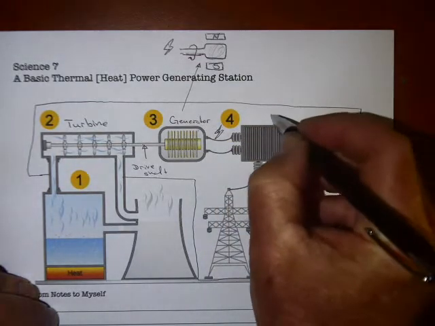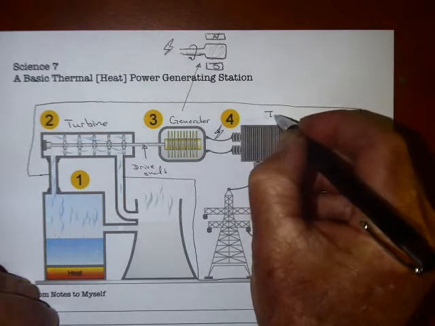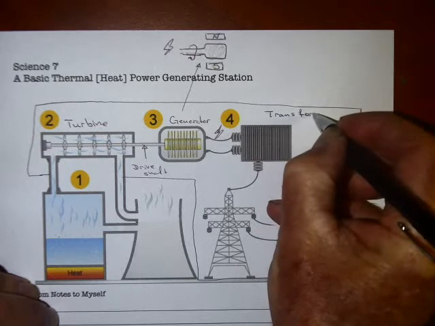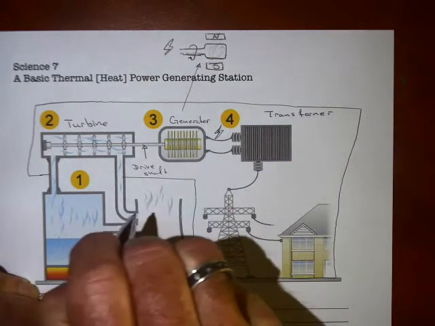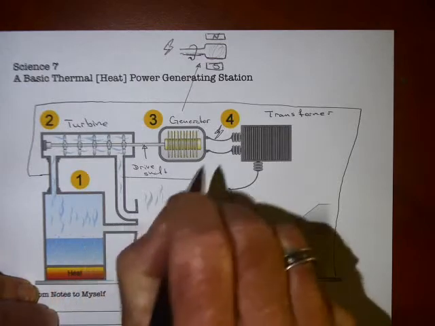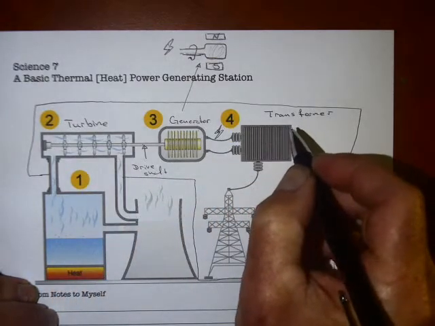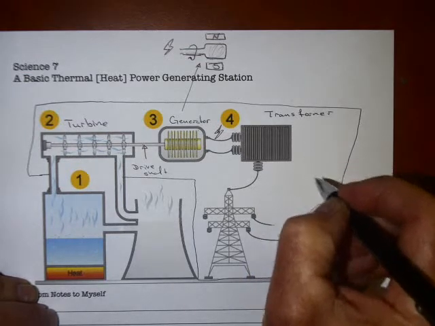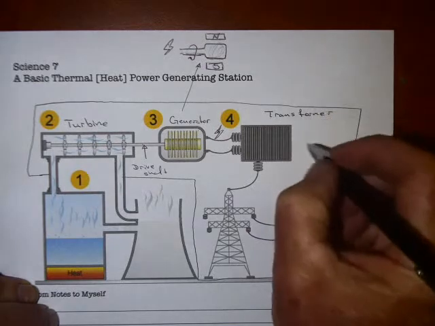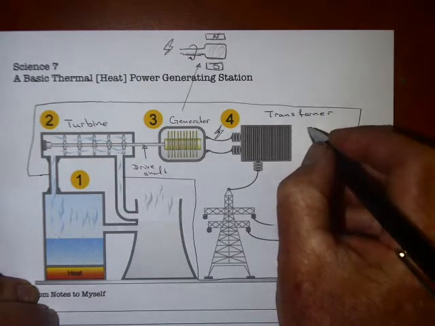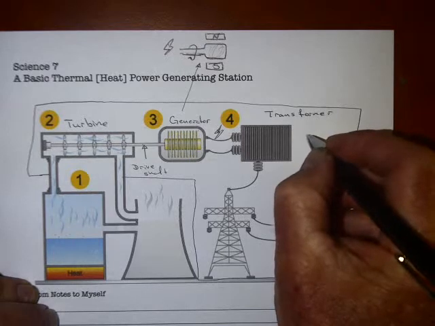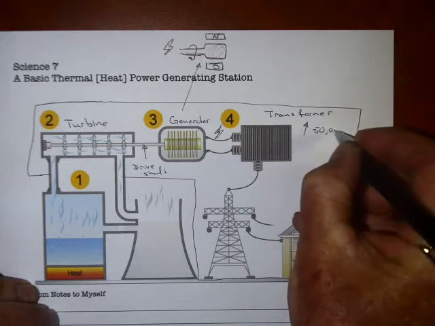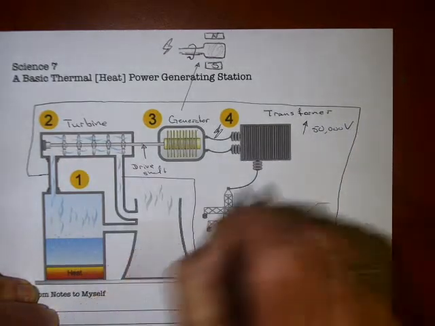And this is called a transformer. Now, what a transformer does is it increases the voltage of the electricity many times, so that typically the transformer will increase the voltage to around, I think it's 50,000 volts. We can check that, but it increases it.